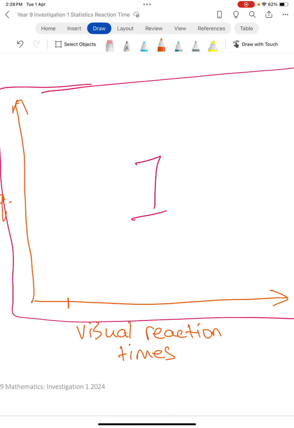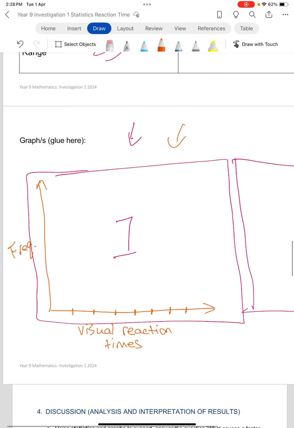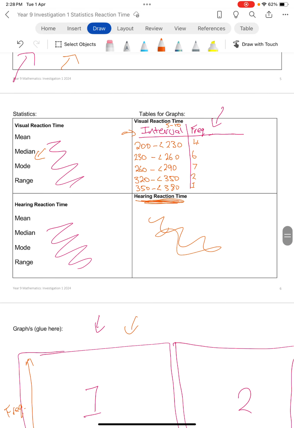So once again, using your grid paper or a ruler is the best practice. Me just doing it like this on the iPad is not the best practice, so it's not going to look perfect, but it gives you guys a good little reminder of what to do, okay?